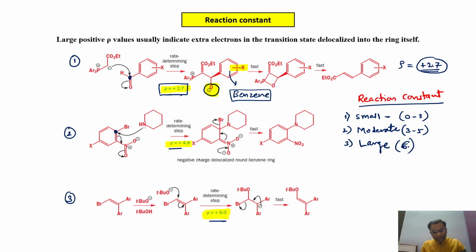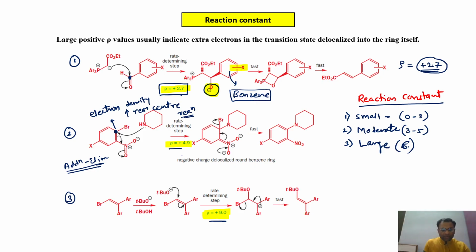The mechanism of the second reaction is a simple addition elimination, where the electron density is increasing towards the reaction center during the reaction, and therefore this second reaction also has a positive rho value.